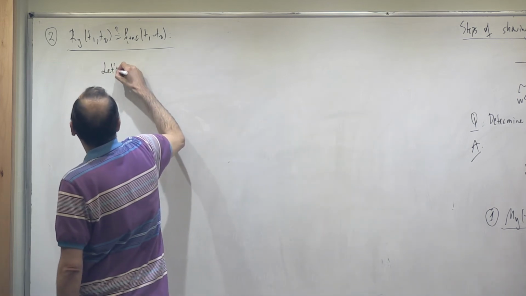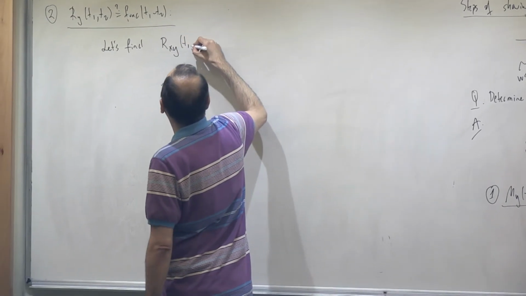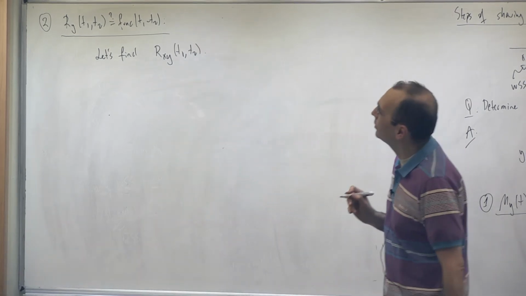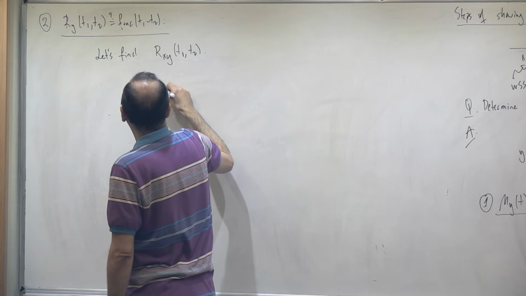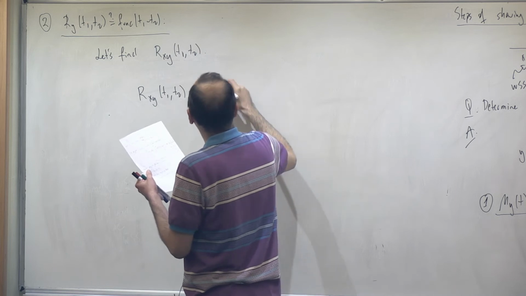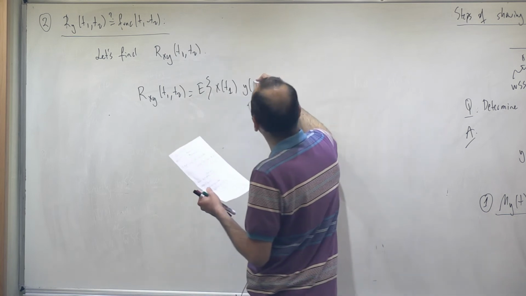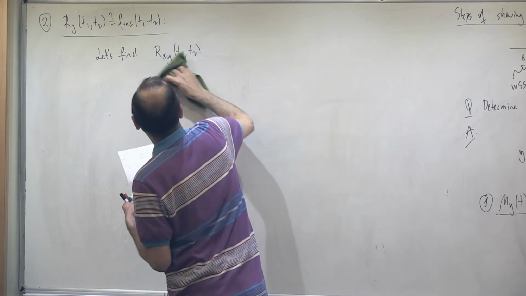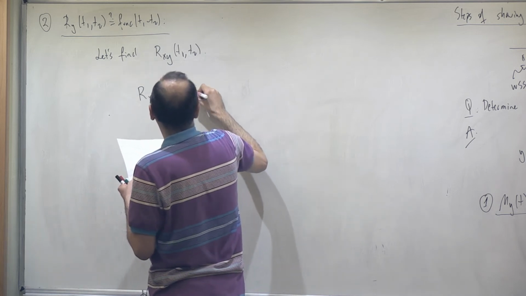So we will first find our XY cross-correlation R_XY(T1, T2). You will see why. It will be easier to derive our RY from our RXY. So R_XY(T1, T2) is the expected value of X of T1, Y of T2. Let me use the notation in my notes, a little bit simpler: t minus tau.